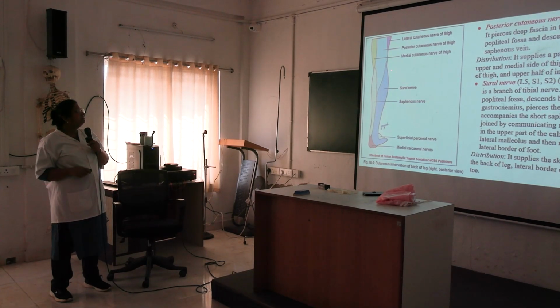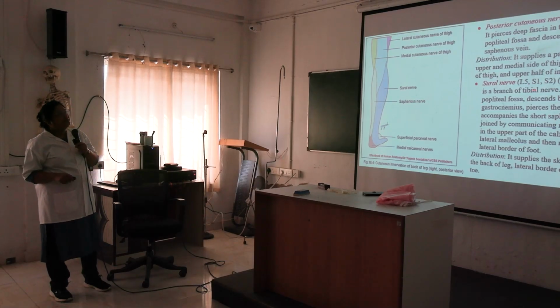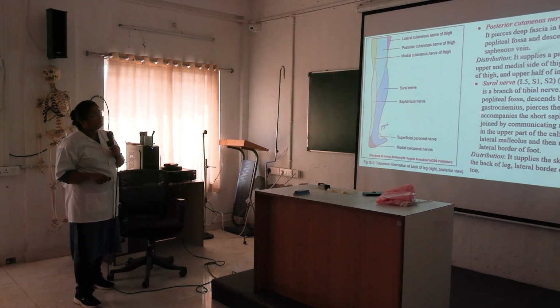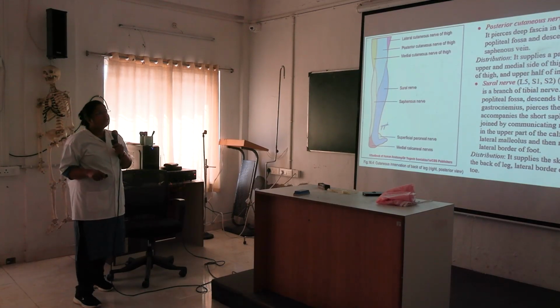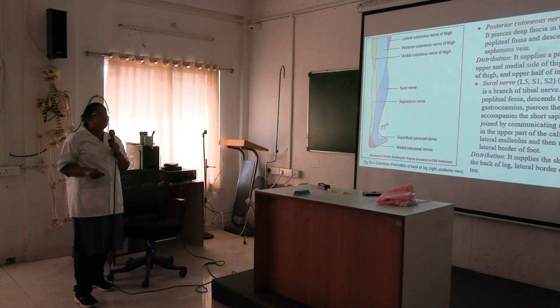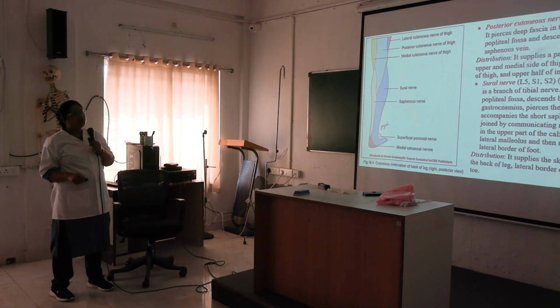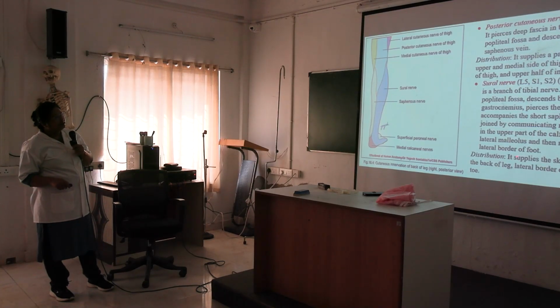Next is sural nerve. This is sural nerve. L5, S1, S2. Sura means calf in Latin and it is a branch of tibial nerve and arises in the popliteal fossa, descends between two heads of gastrocnemius, pierces the deep fascia, accompanies the short saphenous vein and is joined by the sural communicating nerve, that is coming from common peroneal nerve in the upper part of the calf, and passes behind the lateral malleolus and then runs forward along the lateral border of the foot.